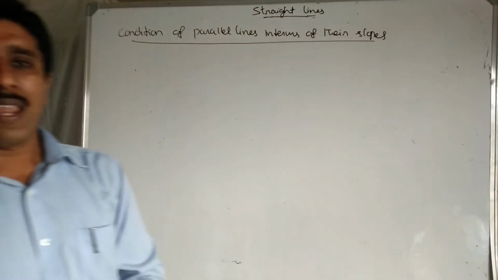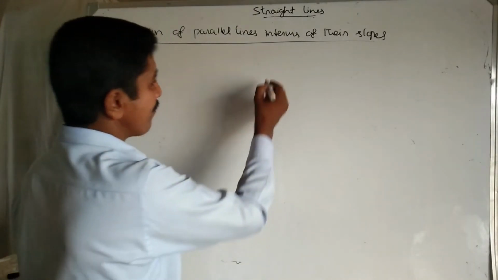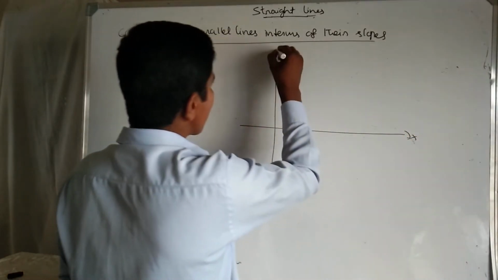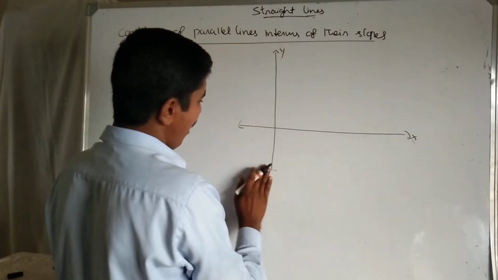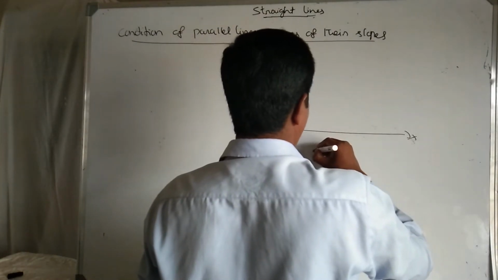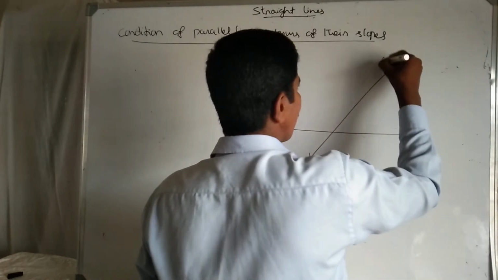I am taking two parallel, non-vertical lines. X-axis, y-axis, here is the origin. This is line L1, the first line.